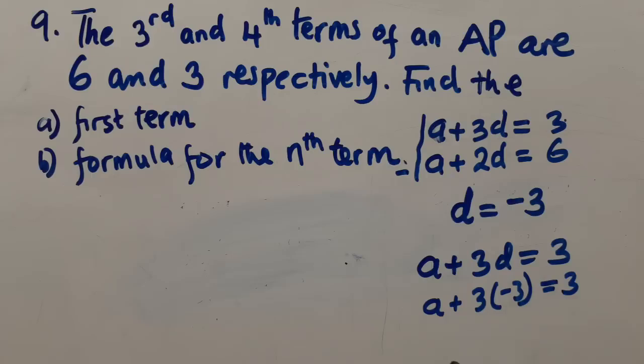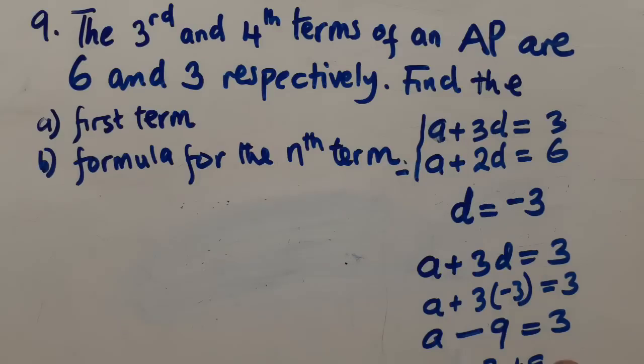So this is going to be A minus 9 is equal to 3. This will be equal to 3 plus 9. A is equal to 12.